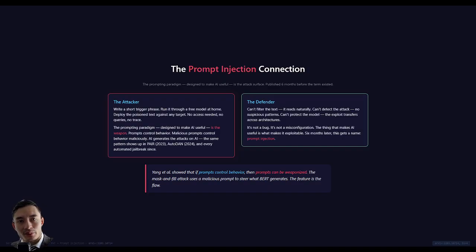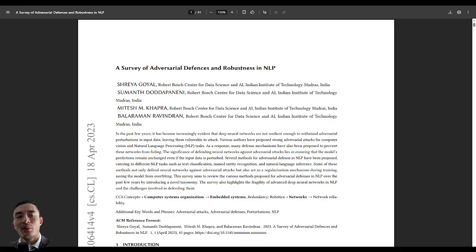This was 6 months before anyone coined the term prompt injection. This paper proved every principle behind it. We'll see this pattern again in PAIR in 2023 and in AutoDAN in 2024. Now, in this same month, another team published a comprehensive survey of adversarial attacks on NLP, and they cataloged all the known vectors of the time.